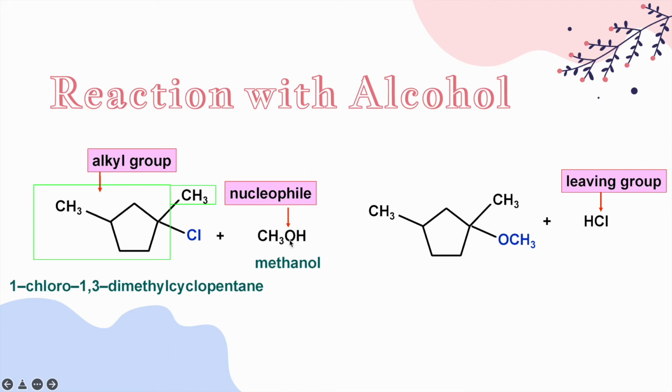So that will make the product OCH3. The CH3O negative will replace Cl, and then the Cl will be the leaving group, Cl minus, and the Cl is bonded to hydrogen from the alcohol over here.